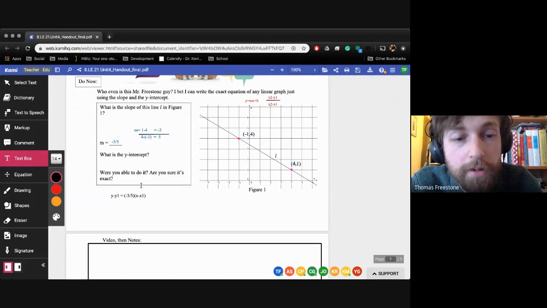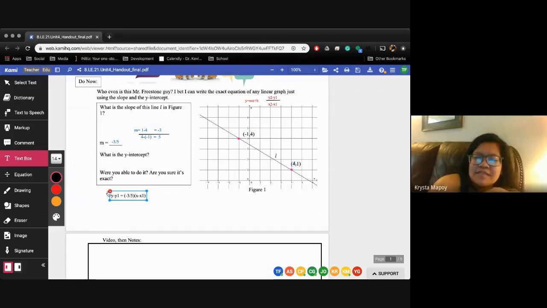All right, so I'm going to leave this here. This is kind of our goal for today, to figure out how to use this equation. So think about the name of the form. It's called point slope form. So you guys already found the slope. What else do you need?